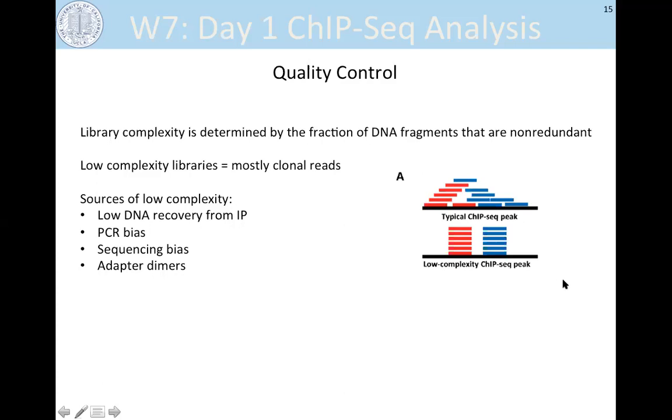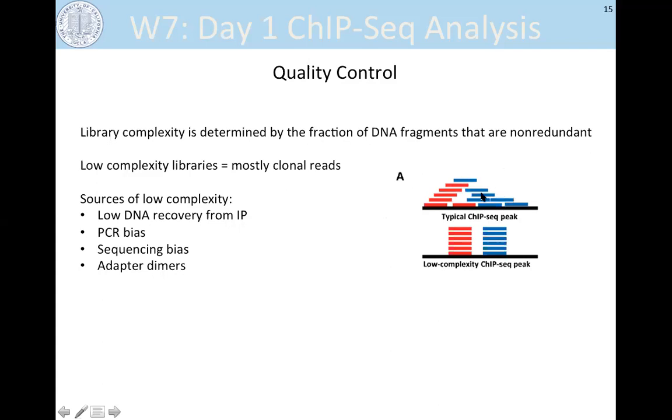So library complexity is often an issue when getting high quality data. Library complexity is determined by the fraction of DNA fragments that are non-redundant. So when you have low complexity libraries, you have a high fraction of clonal reads. Just to visualize that, here, a typical ChIP-Seq will have this pile up of reads in this distribution.